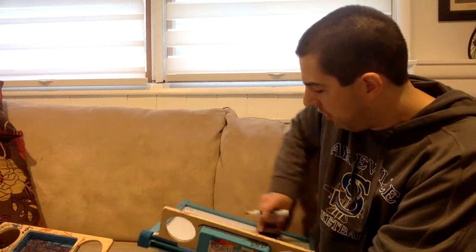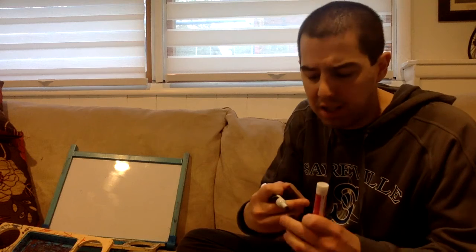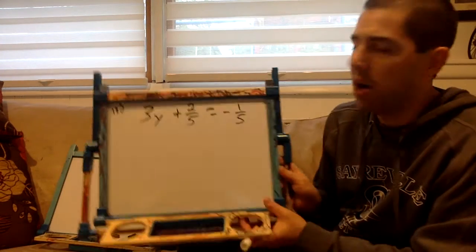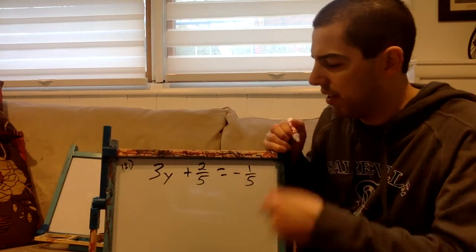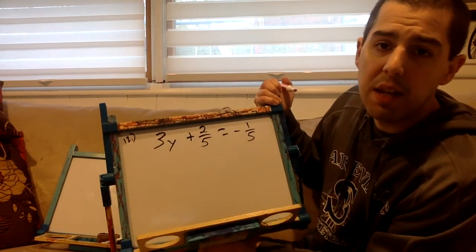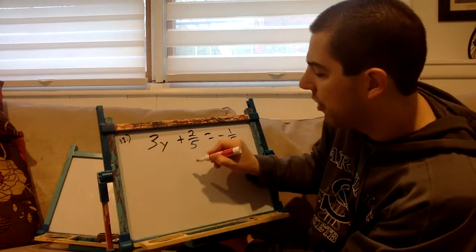Problem number 12 had a fraction in it. But what was tricky was the fraction wasn't the coefficient. It was still a whole number coefficient. So 3y plus 2/5 equals negative 1/5. So again, undo the adding or subtracting first. Okay, you get to do the easy step first.